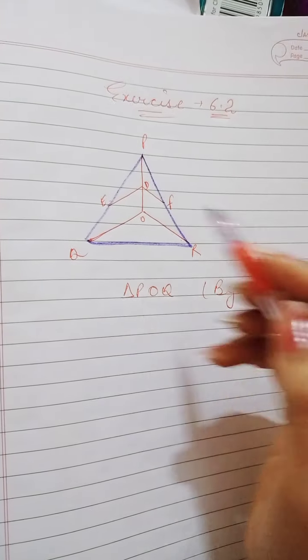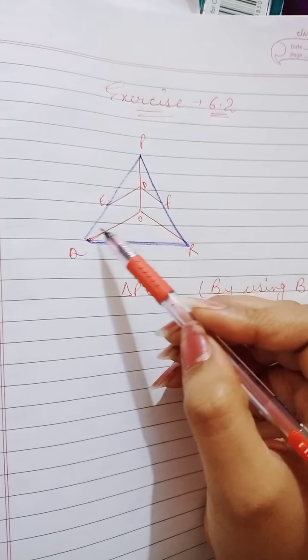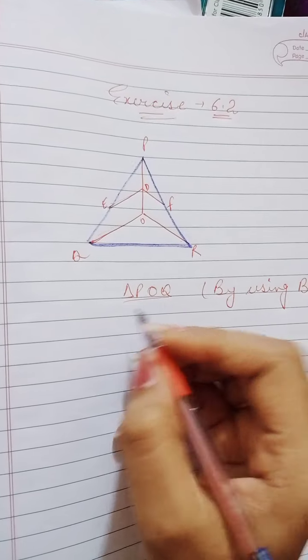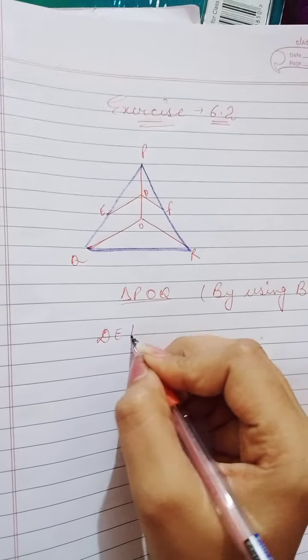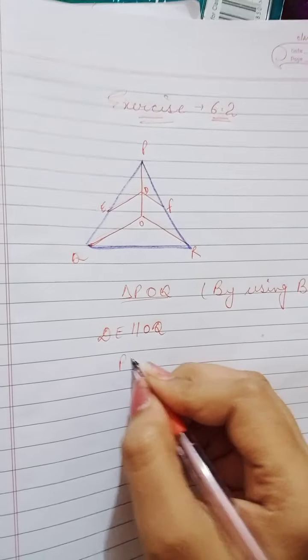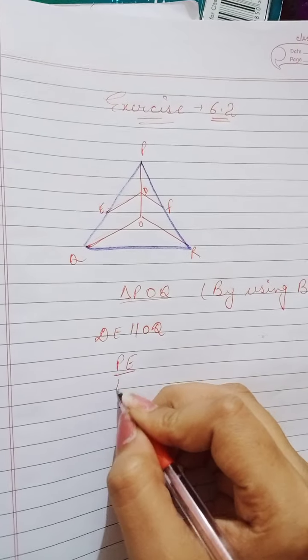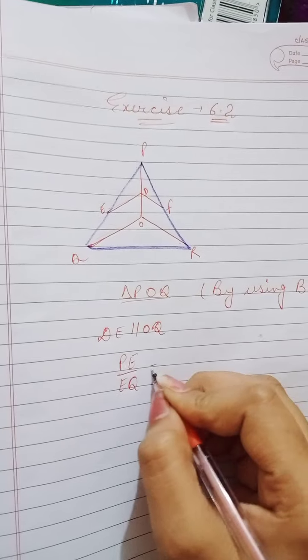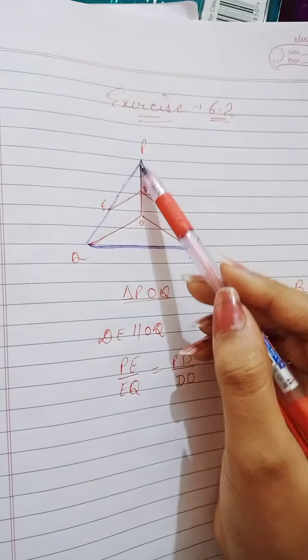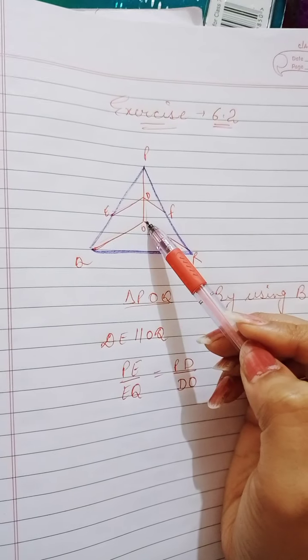So what's the theorem? If the lines are parallel, it is given in triangle PQ that DE is parallel to QR. So by using the basic proportionality theorem, you can say that PE upon EQ would be equal to PD upon DQ. PE upon EQ, PD upon DQ.